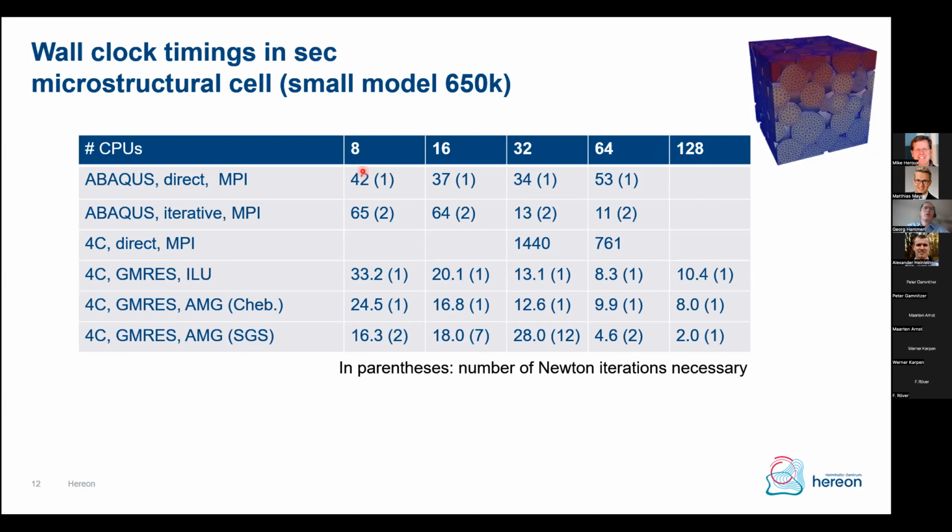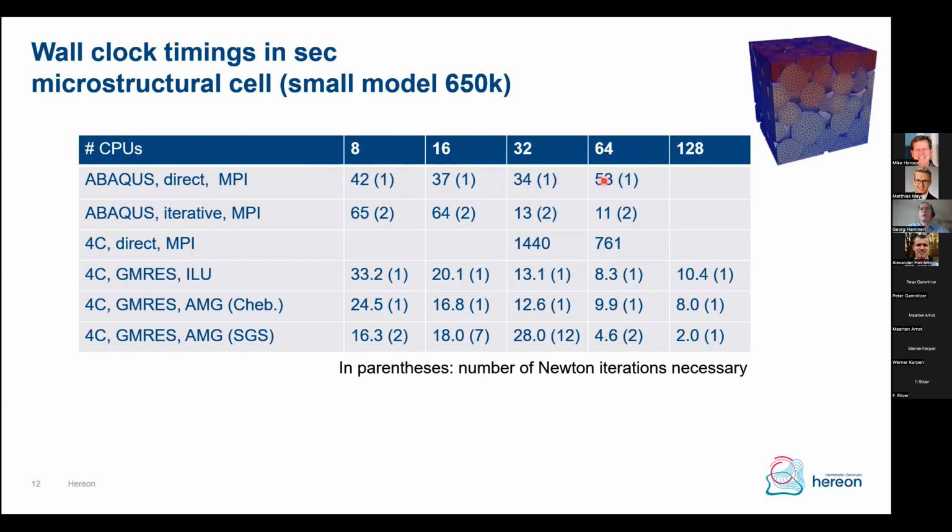In parentheses is always the number of Newton iterations. So 1 Newton iteration, direct solver, so it's only MPI based. We did not use the hybrid version of MPI and thread based here to have a more fair comparison.